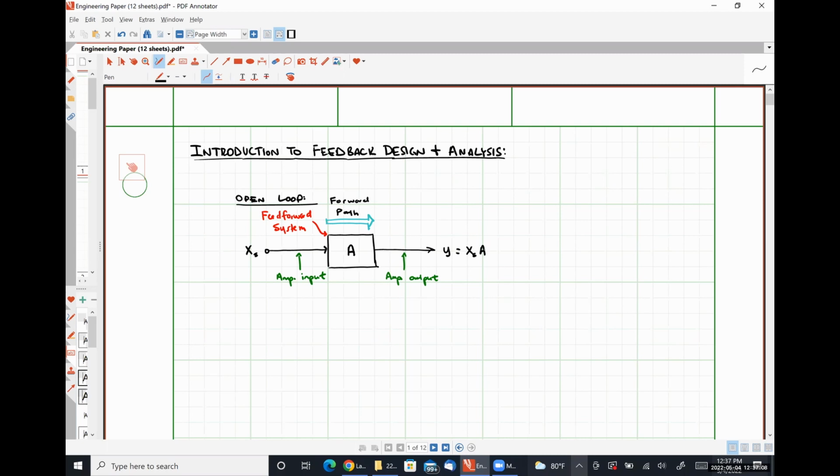If everything else is the same, but the open loop gain of our amplifier is slightly different, we're going to get a slightly different output depending on everybody using this type of circuit, right? We fix that by applying feedback.